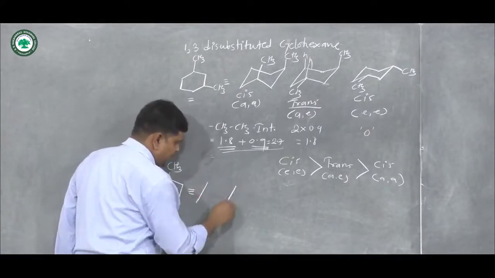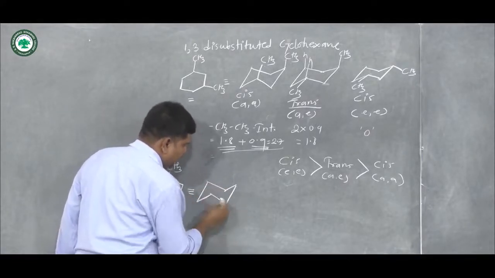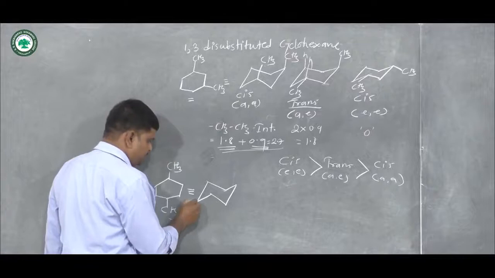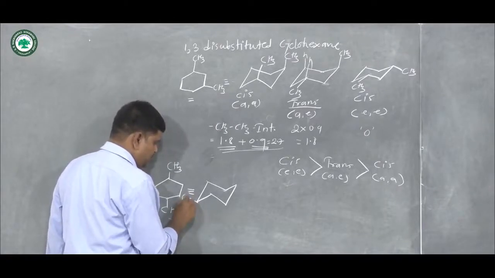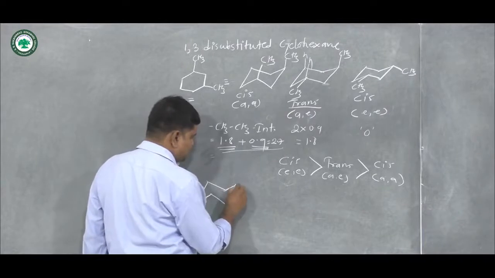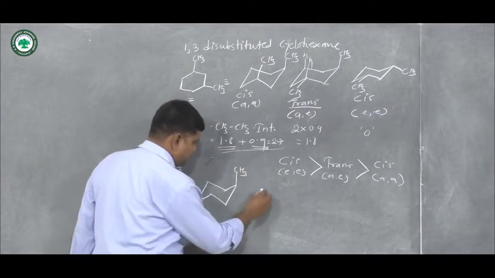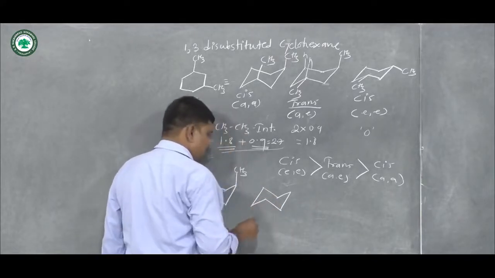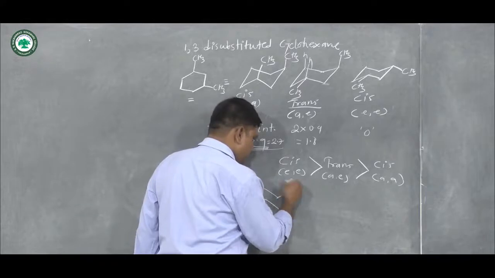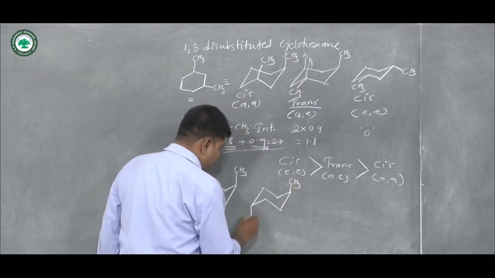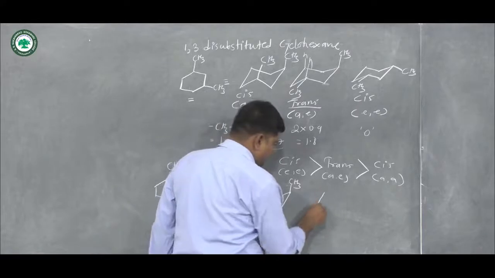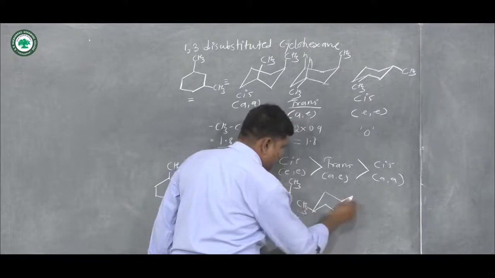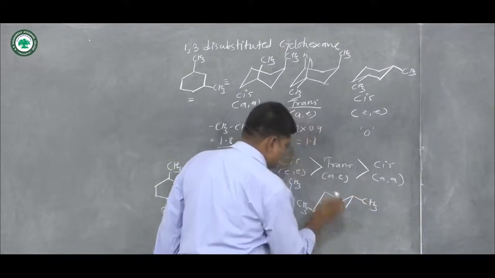disubstituted cyclohexane, and now we try to write its chair conformation. Suppose we write here this is methyl at equatorial and this axial methyl. Here suppose this is axial and this is also axial, and in the last structure both the methyl groups are present at the equatorial positions.